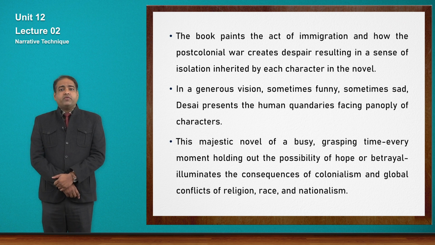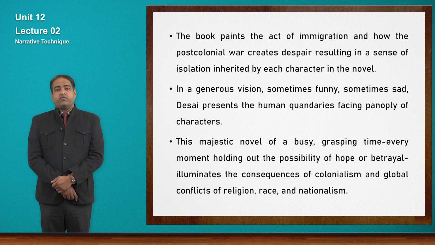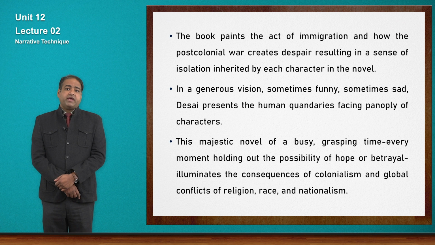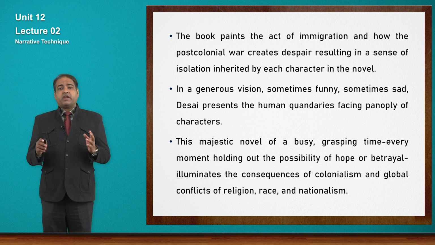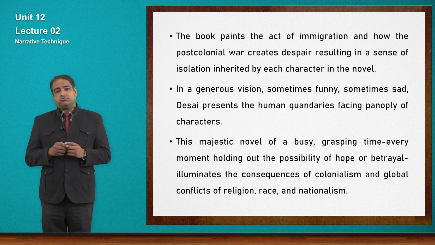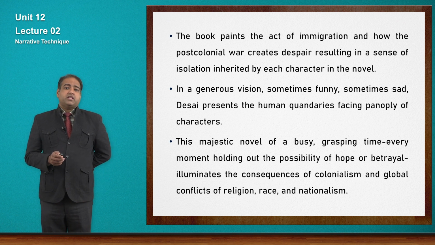This majestic novel of a busy, grasping time, every moment holding out the possibility of hope or betrayal, illumines the consequences of colonialism and global conflict of religion, race, and nationalism. Friends, when we read this novel, we find that the novel is majestic in its sense.